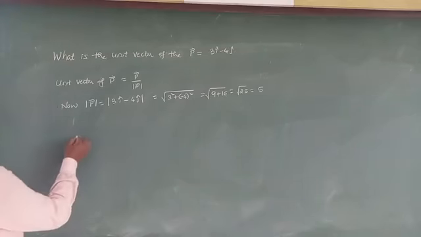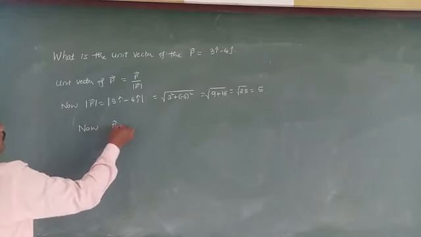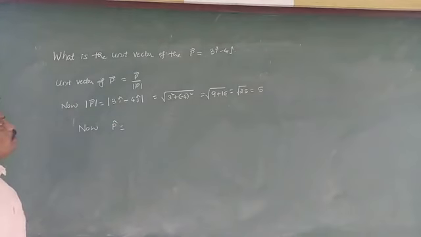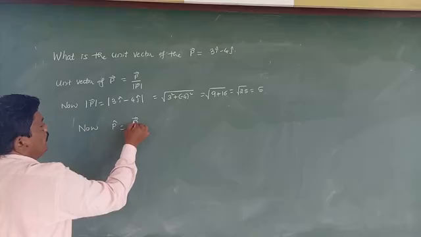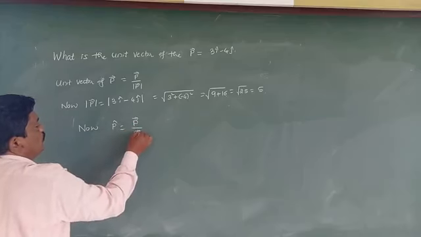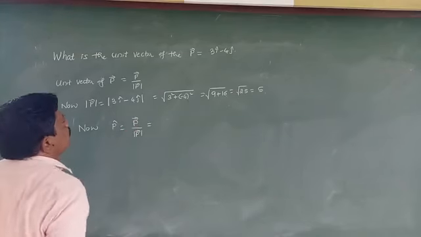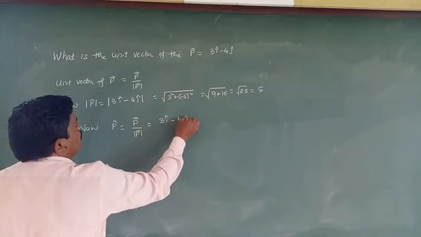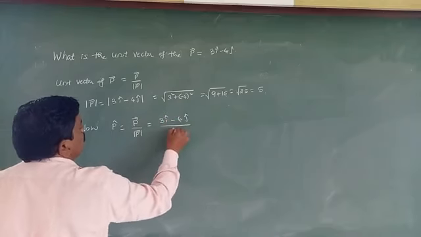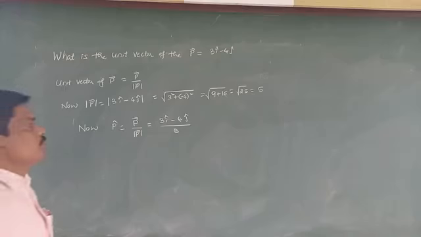Now p cap is the unit vector of vector p, that is vector p divided by magnitude of vector p. Vector p is 3 i cap minus 4 j cap, and magnitude of vector p is 5.